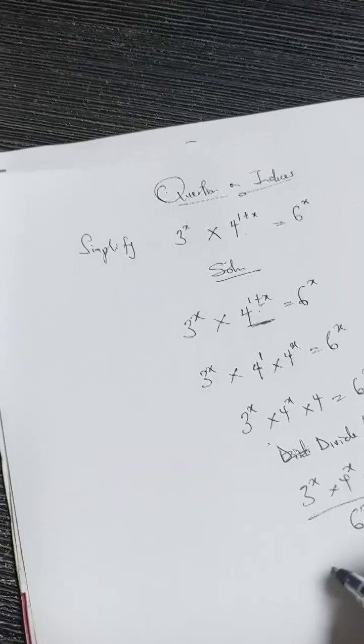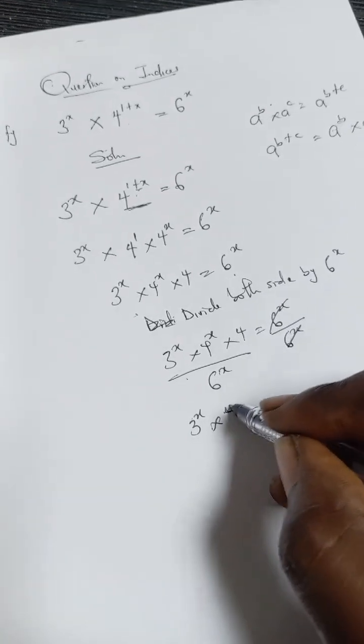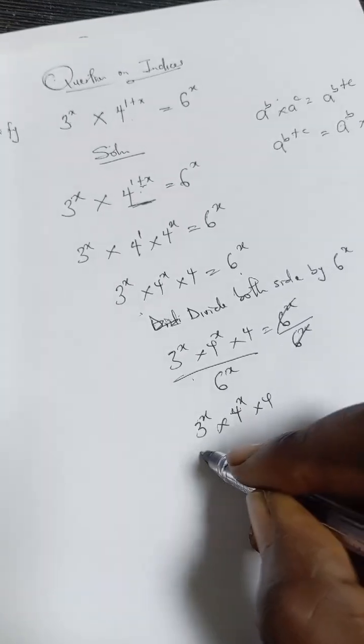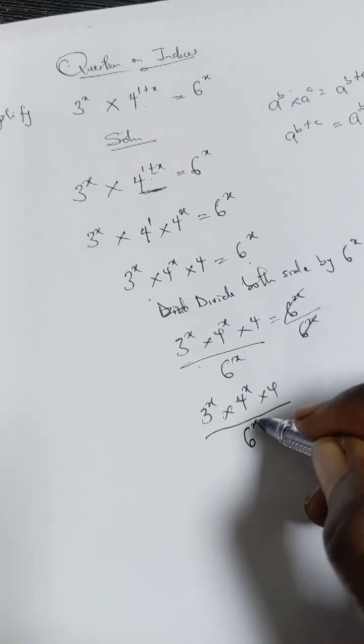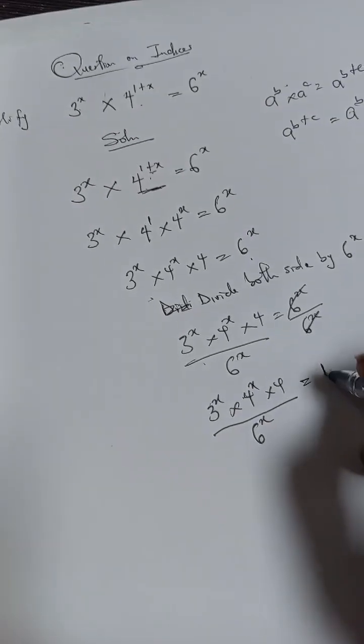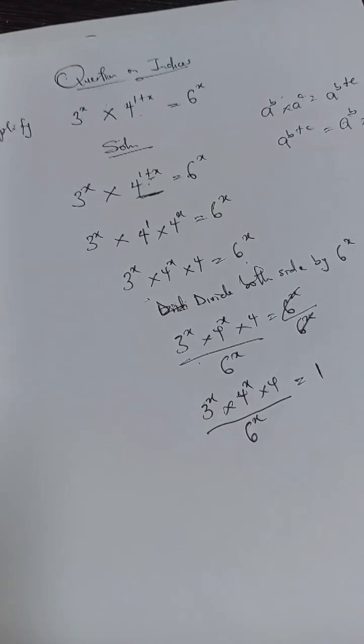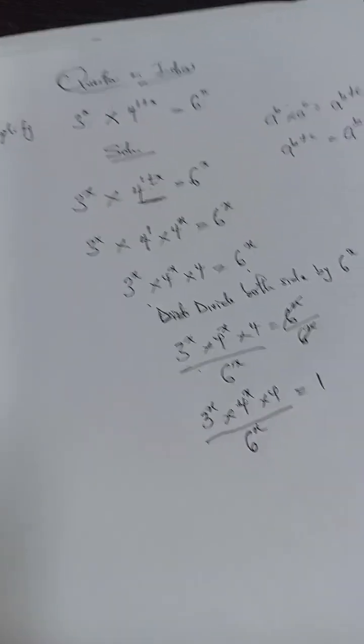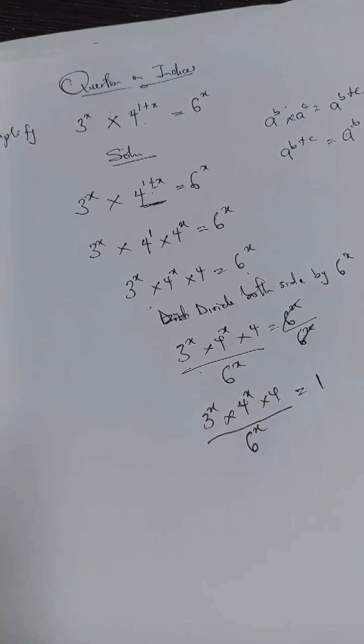So we are left with 3 raised power x times 4 raised power x times 4 divided by 6 raised power x equals 1, because this will give us 1.